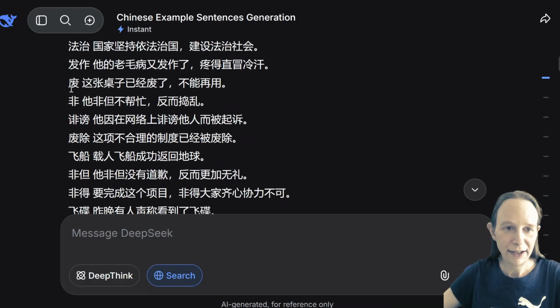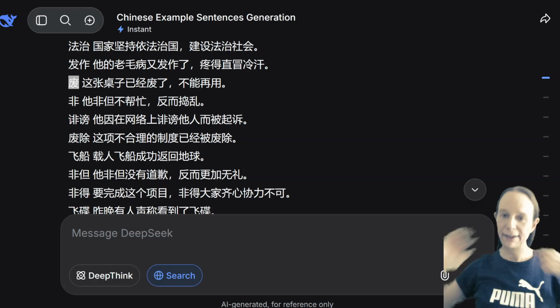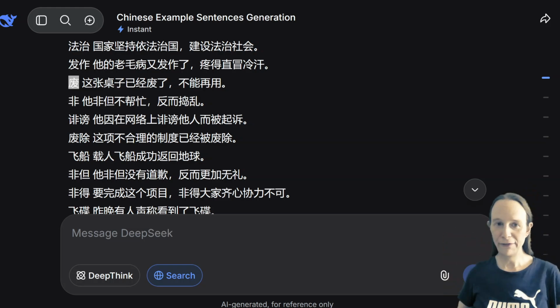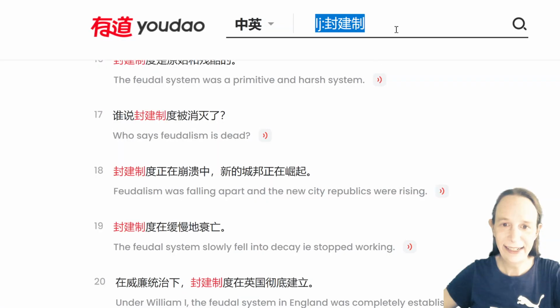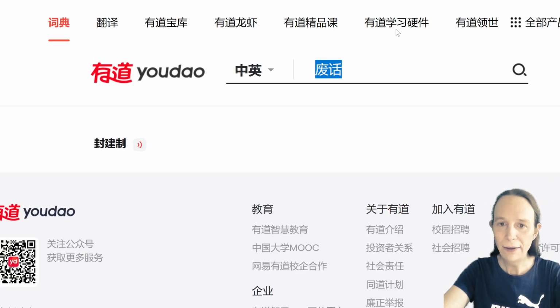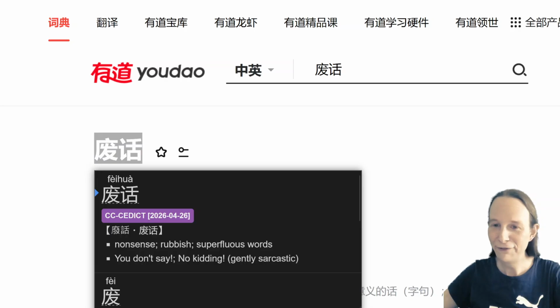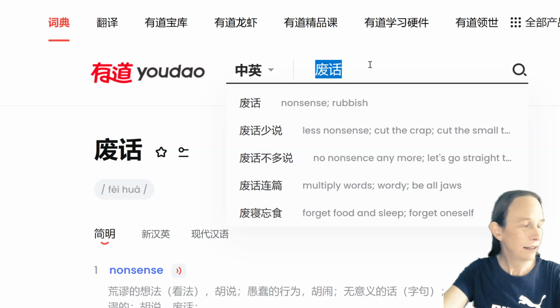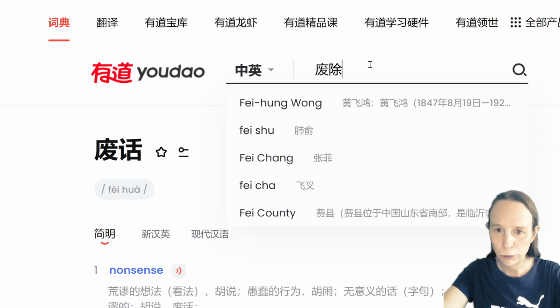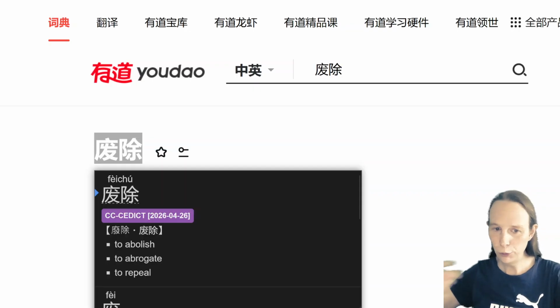Let's continue. 废. So this 废, it refers to things that are rubbish or nonsense. Normally seen in the words 废话, nonsense. There's 废除, to abolish.